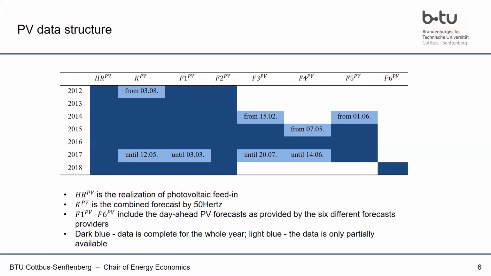Here, dark blue indicates that the data is complete for the whole year, and the light blue indicates that the data is only partially available. As we can see, we start off with 2 individual forecasts in the year 2012. The number increases up to 5 in the year 2016. However, by 2018, the number is reduced to 3 forecasts.